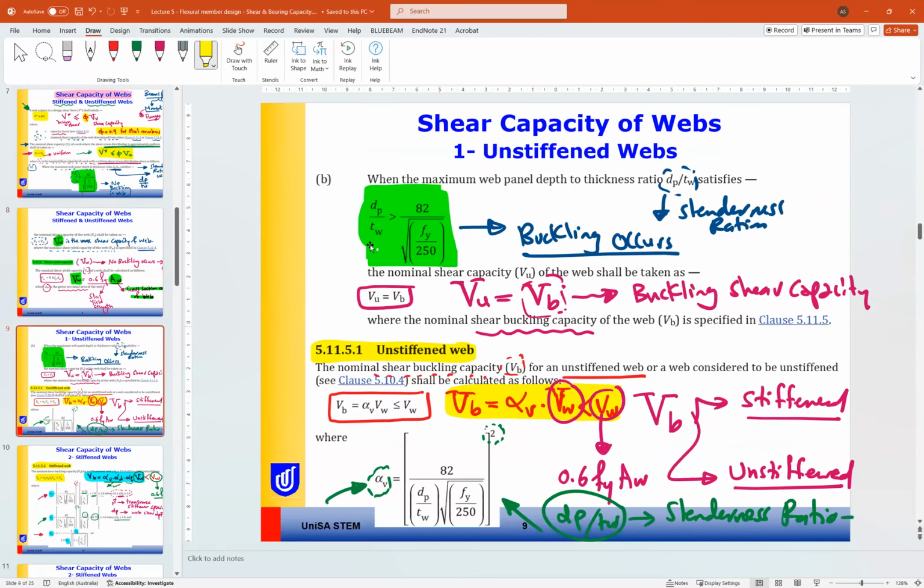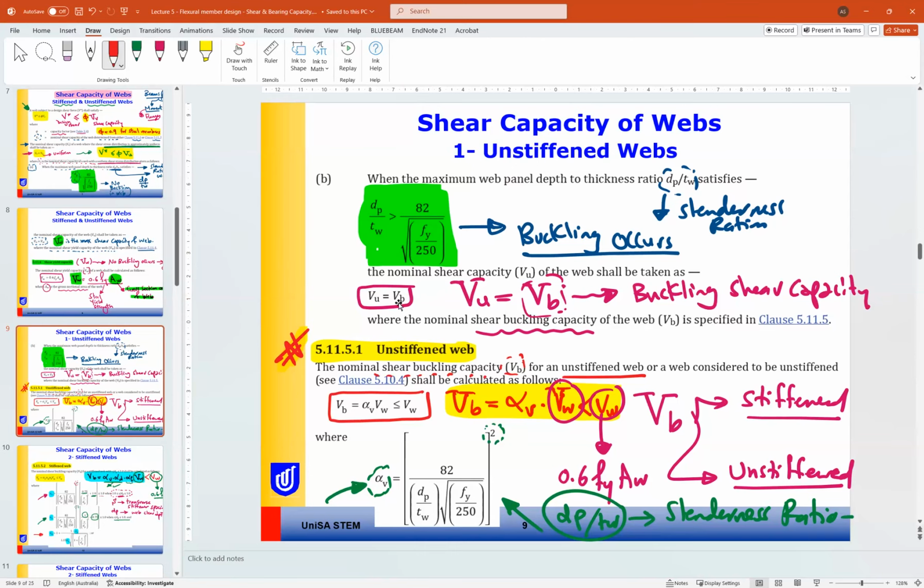But if the slenderness ratio exceeds the limit, 82 over root, buckling occurs. If buckling occurs, we have two different sets of formulas. One for unstiffened webs, where Vb equals alpha V Vw, according to this formula here.